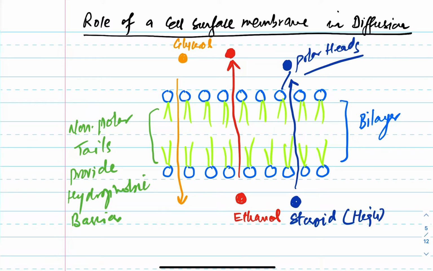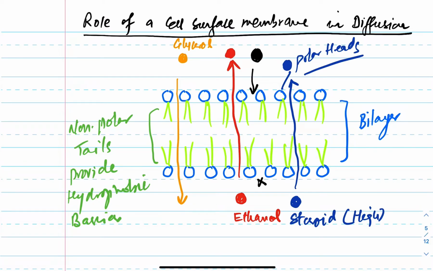However, larger polar substances or water-soluble substances like glucose cannot pass through it. Glucose molecule, even if it is high concentration on the outside, is polar and cannot move through the spaces between the phospholipids of a phospholipid bilayer.